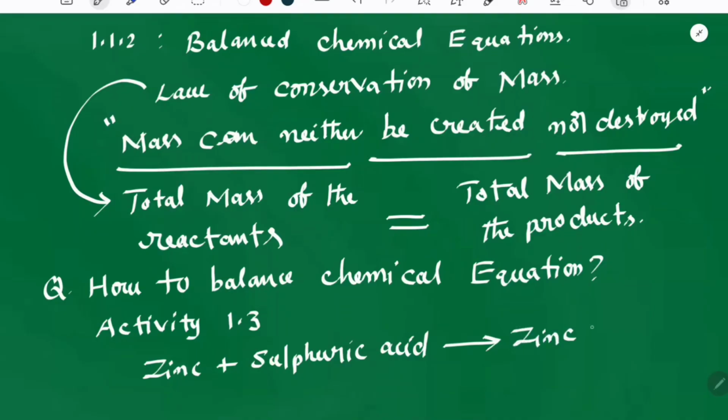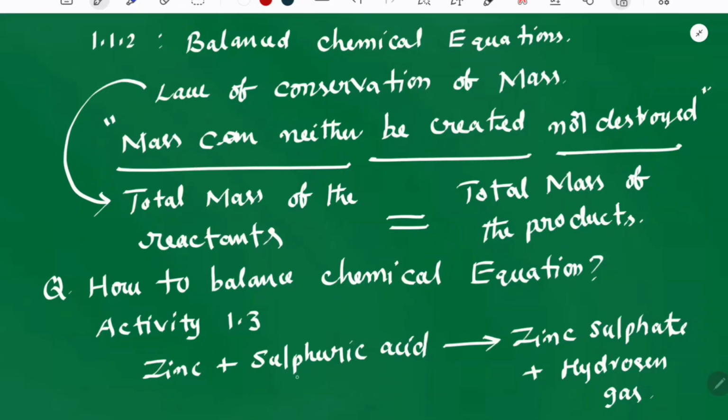Zinc sulfate and hydrogen gas. One thing you remember: when there is more than one reactant or product, we keep the plus symbol.